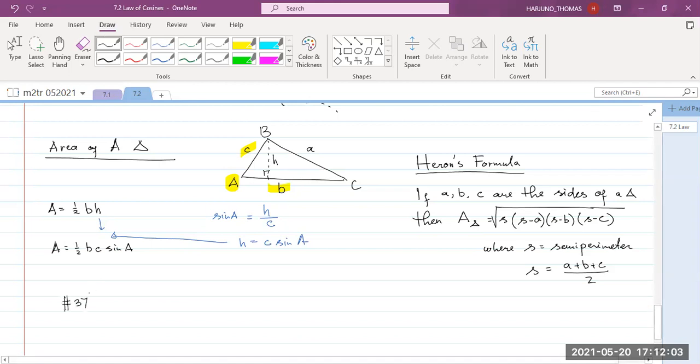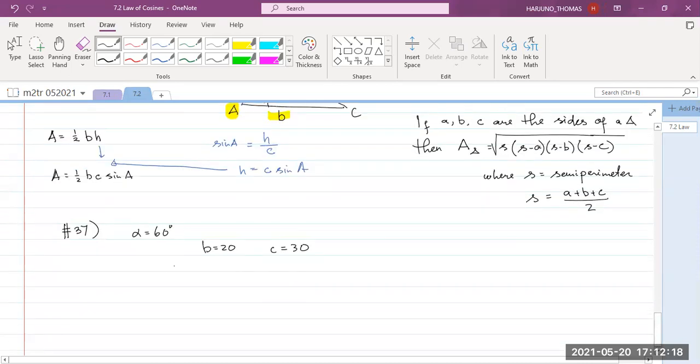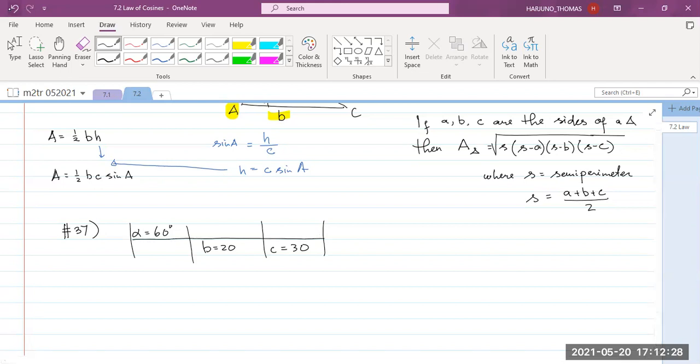Number 37, I have alpha equals 60 degrees, B equals 20, and C equals 30. So you see alpha is the included angle of sides B and C, right? Notice that I purposely wrote it in that structure. Okay.